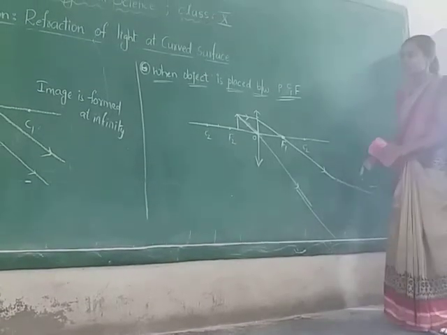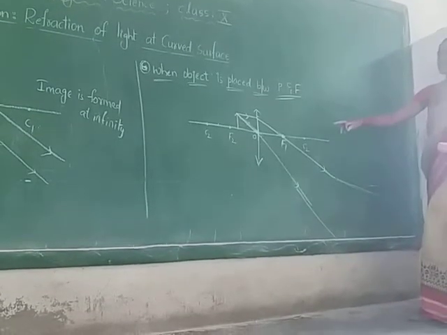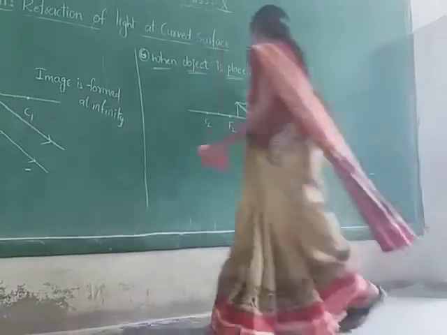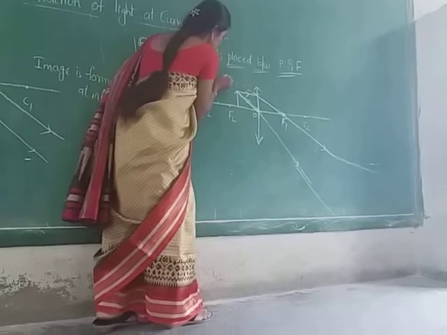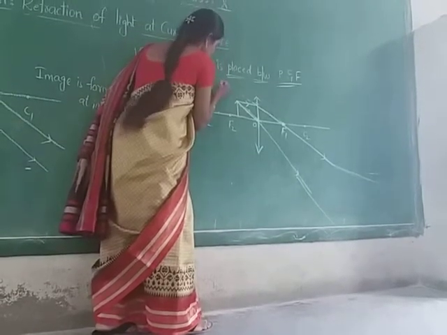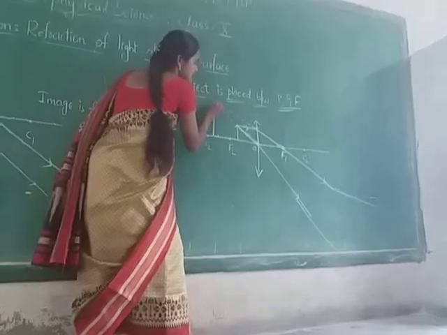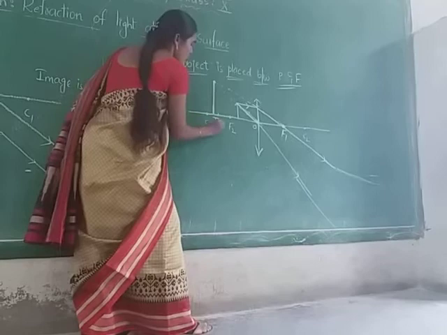So there is no formation of image on this side. If we observe from this side, these two rays will appear to be coming from one point. If we extend these two rays in the opposite direction, here we will get an intersection point. So at this intersection point, the image is formed.